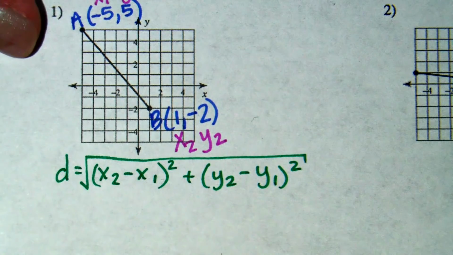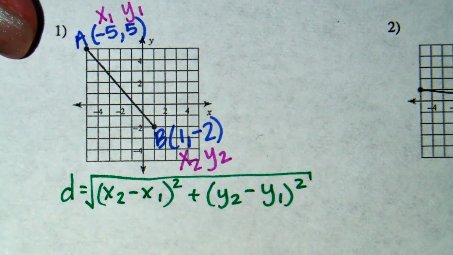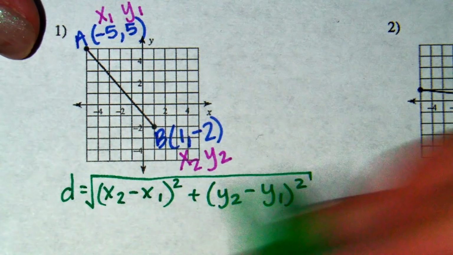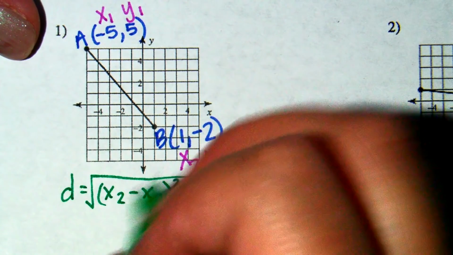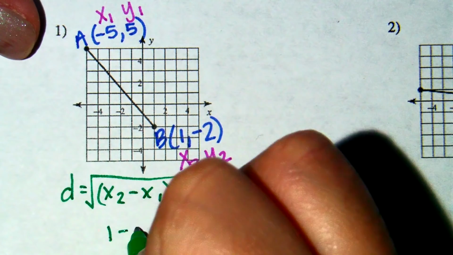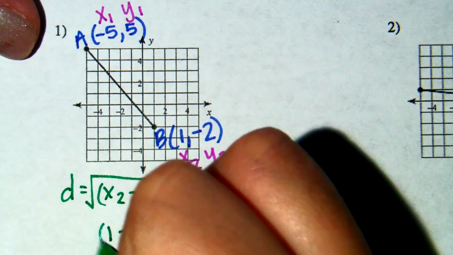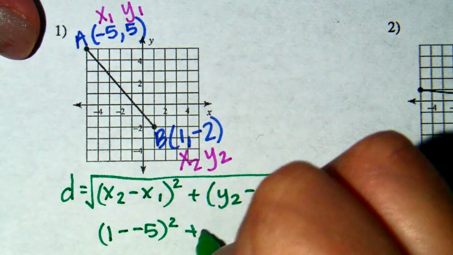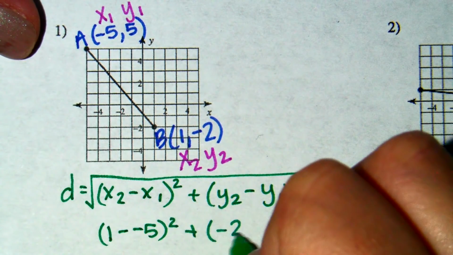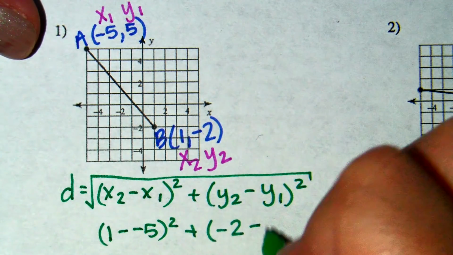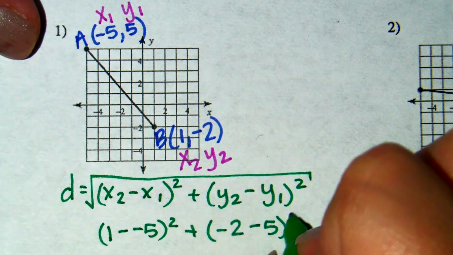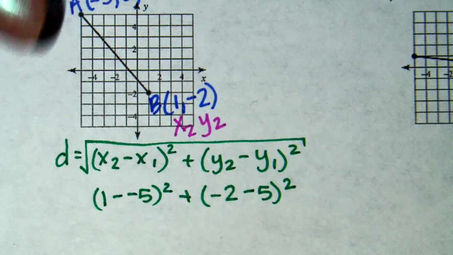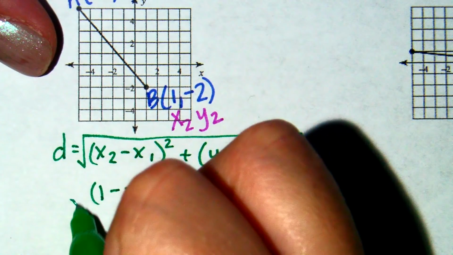Now I'm going to take the points that I have and just plug them in. x2 is 1 minus -5 squared plus y2 is -2 minus y1, 5 squared, all under the square root.